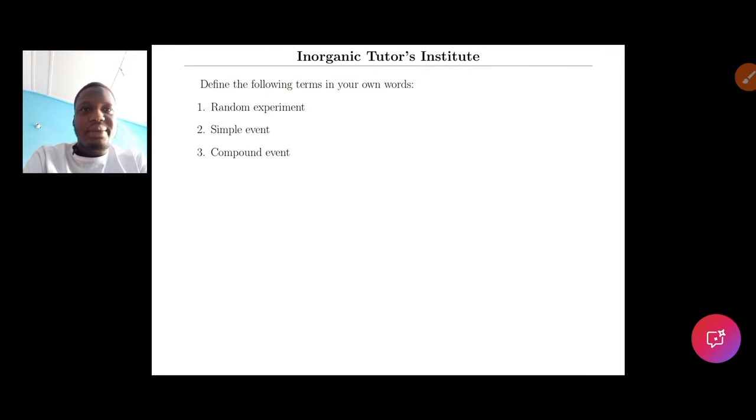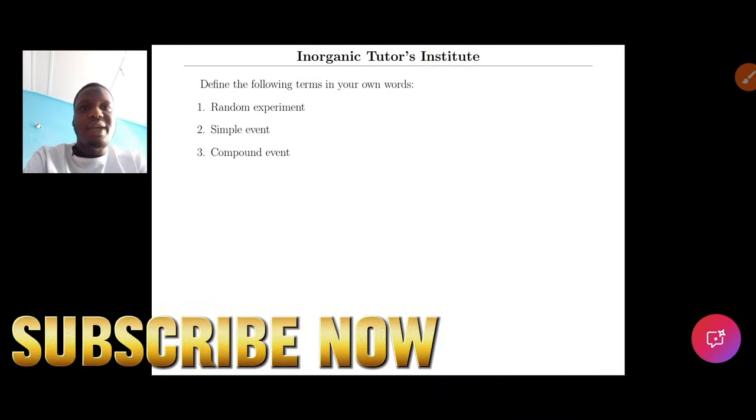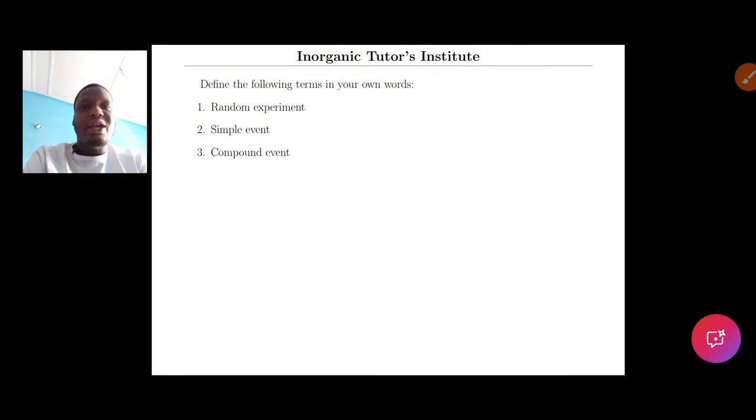So we saw the last time that an experiment is random if, one, its outcomes are well known or well defined. You know all the outcomes of the experiment or of the activity. And two, the outcome of the experiment cannot be determined with 100% accuracy unless or until the experiment is done.